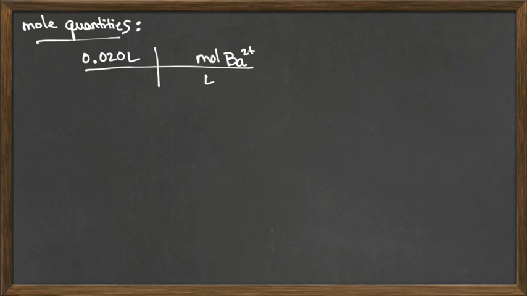The molarity that was given was 0.010 moles of barium. That was the barium chloride. So since the barium ion is coming from barium chloride, I'm using the 0.010 moles per liter there. And that gives me this number of moles of the barium ion.